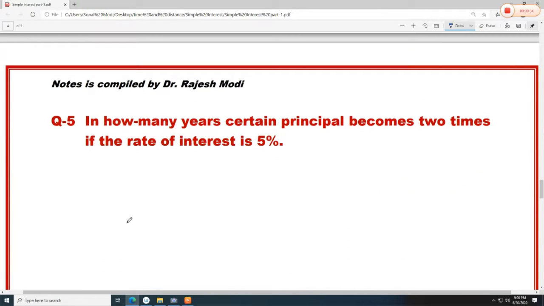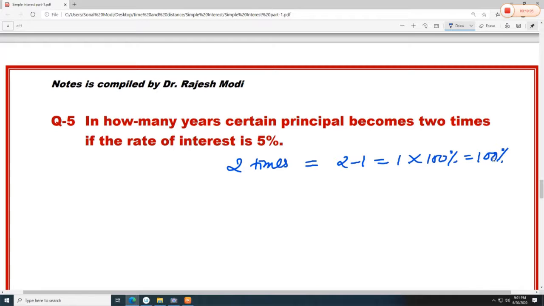Next, in how many years does a certain principal amount become 2 times if the interest rate is 5%? Now it is already given, it is 2 times. So you can understand, when it is 2 times, it means that the percentage of interest is 2 minus 1 is 1 into 100%.